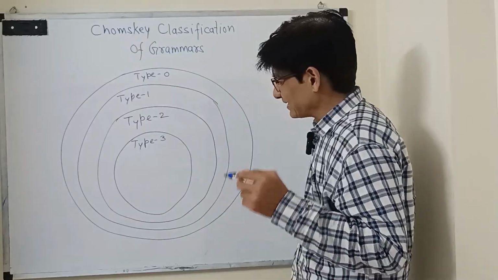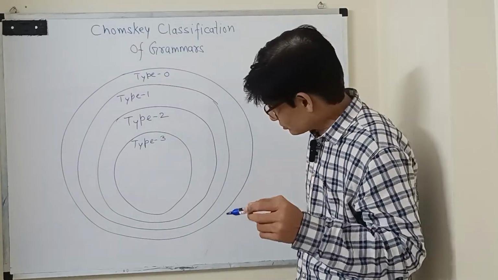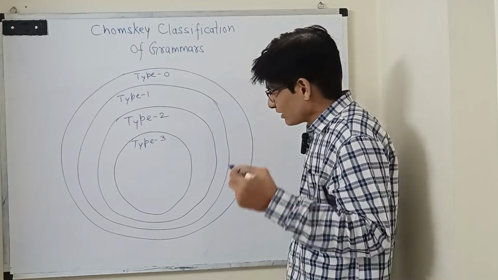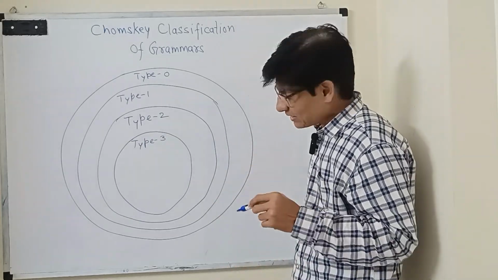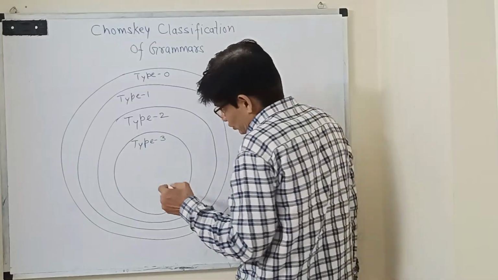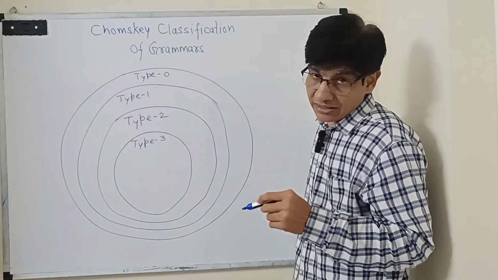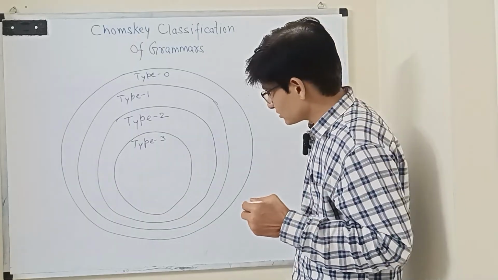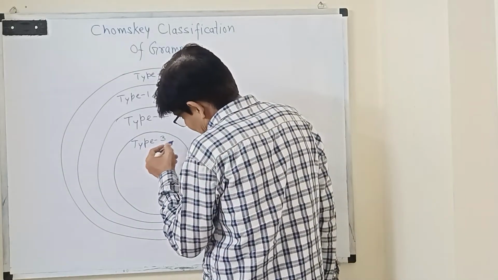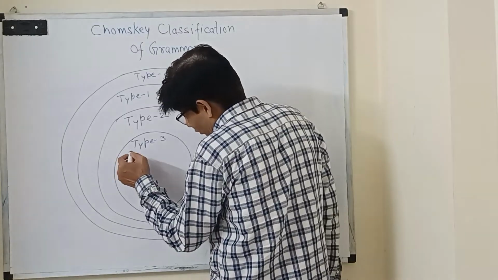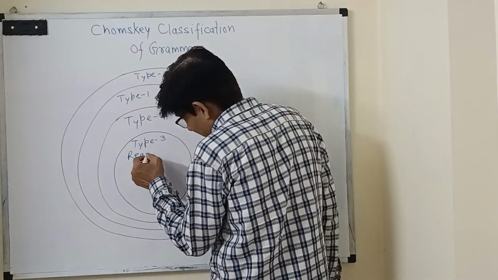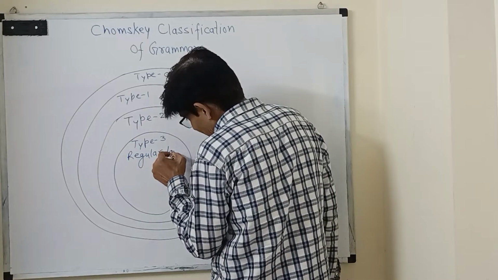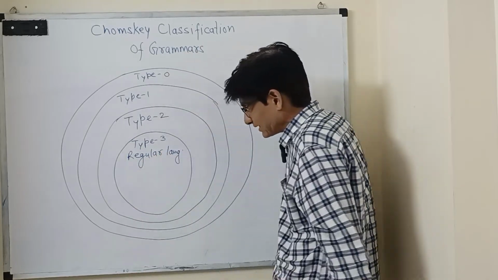So type 3 grammar is the smallest set, or you can say languages generated by type 3 grammar are the smallest set. As you know, we can define a language as a set of valid strings. So type 3 grammar, or regular languages, are the smallest set.